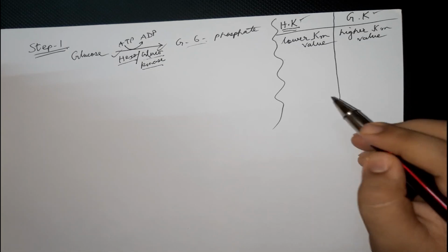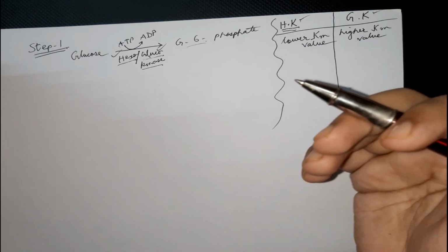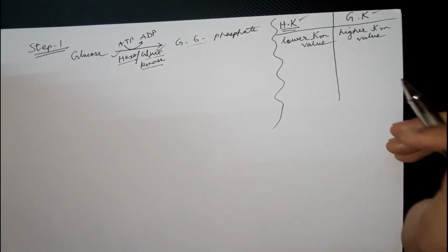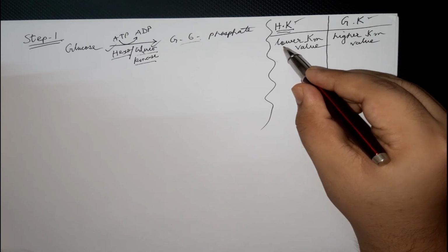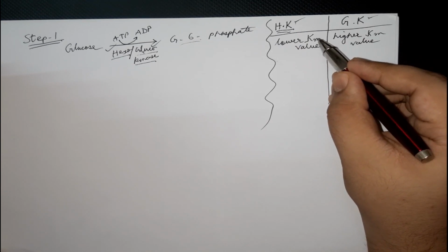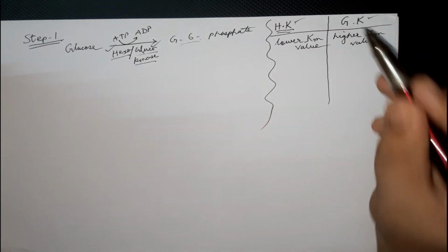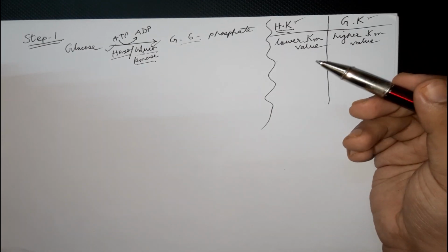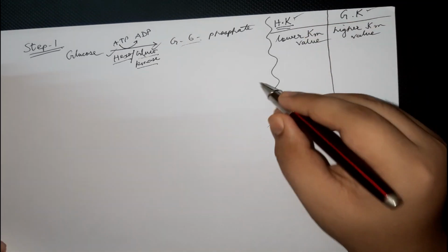From the basics of our knowledge on enzymes, which we will be exploring in a later discussion, we know that if an enzyme has a lower Km value, the affinity of that enzyme for the substrate is higher. So what is the substrate for hexokinase or glucokinase?